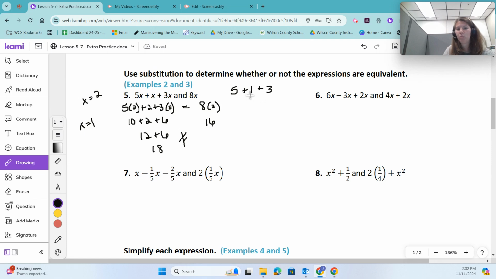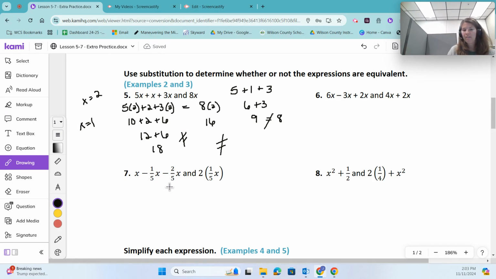So 5 plus 1 is 6 plus 3 is 9. And then 8 times 1 is 8. Well, 8 does not equal 9, so it is not equivalent. So these are not equivalent. And you can try that one there with whole numbers.